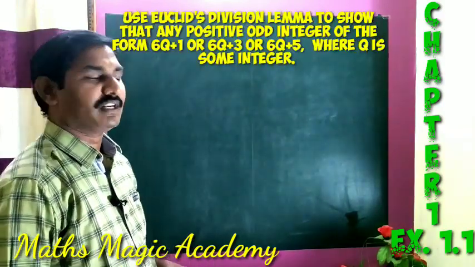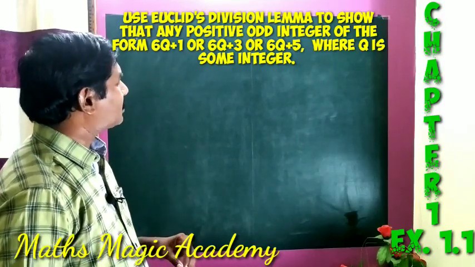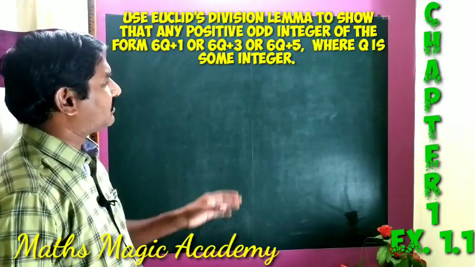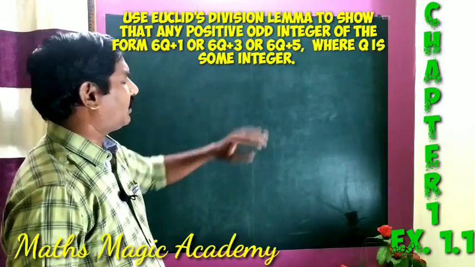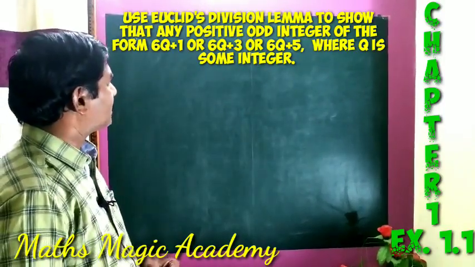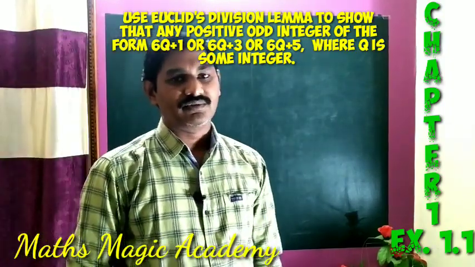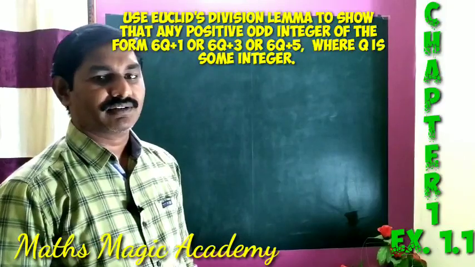Use Euclid's division lemma to show that a positive odd integer is of the form 6q plus 1 or 6q plus 3 or 6q plus 5 for some integer q. So in this question we have to solve by using Euclid's division lemma.